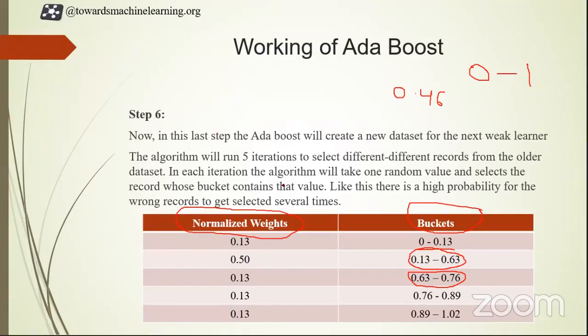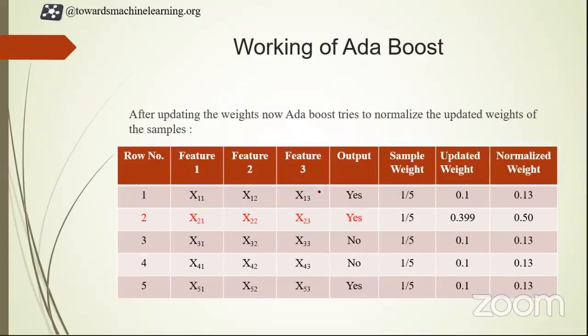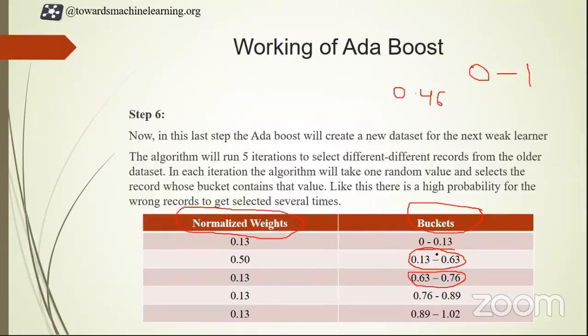Okay, so as we can see in our table, which is behind this, this second record is the only misclassified sample. So now in the first iteration, we have got this record only selected. Now in the second iteration, let's say our random value will give 0.53.